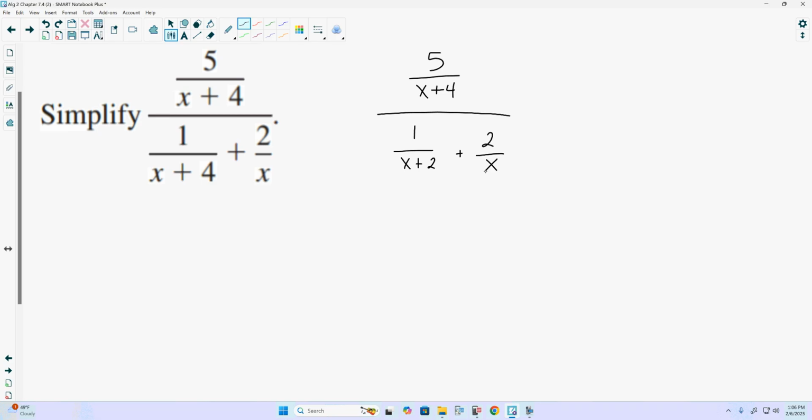Now, the least common denominator for this here with x plus 4 and x is actually x plus 4 times x. So the one on the left, we need to multiply it by x over x. The one on the right, we're going to have to multiply it by x plus 4 over x plus 4.